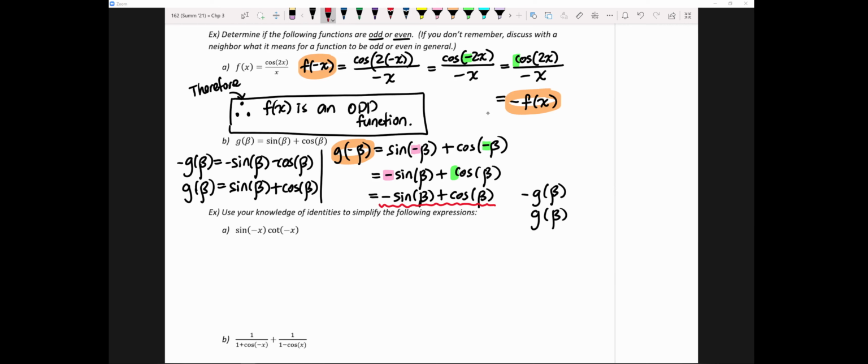It's not negative g of beta, and it's not g of beta, because that negative sign would have distributed to both terms. So our expression does not equal negative g of beta, does not equal g of beta. Therefore, we can say that g of beta is neither even nor odd.